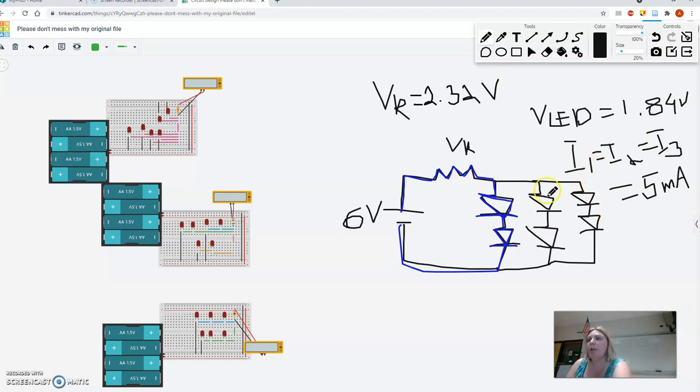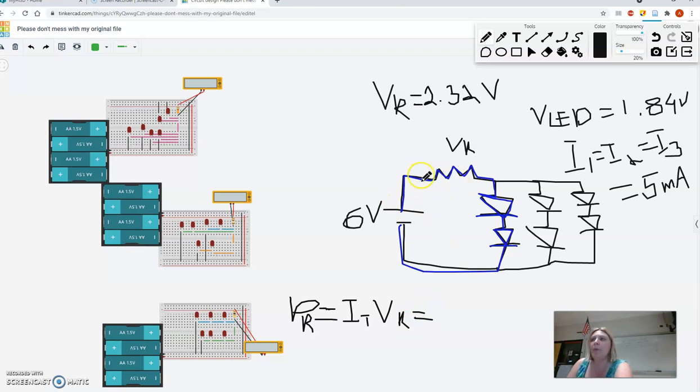We have already determined that our current is going to be 5 milliamps. Now all I need to do is figure out how much power my resistor is going to use, and this is extremely straightforward. All I have to do is multiply the current going through my resistor times its voltage drop.